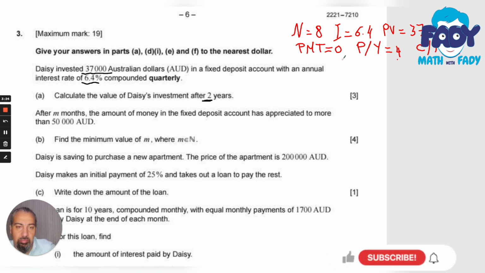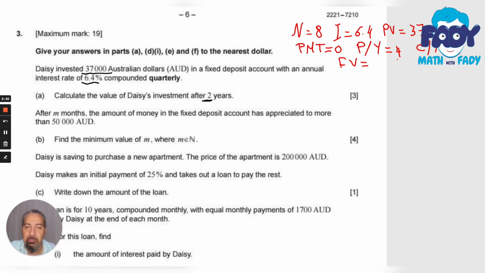So we now need to calculate FV, our future value. In Casio calculator, you will press FV, which at the beginning remains 0, then you press calculate FV. Or if you are using a Texas calculator, you move with the arrow to FV, then solve. Once you press solve, you will get 42,009.87.